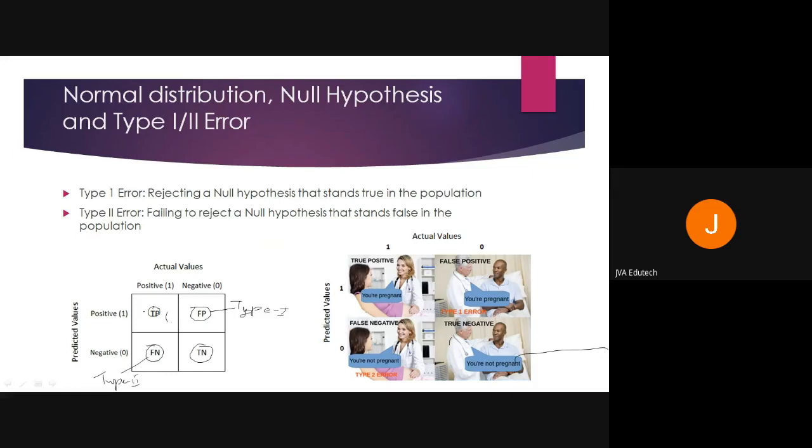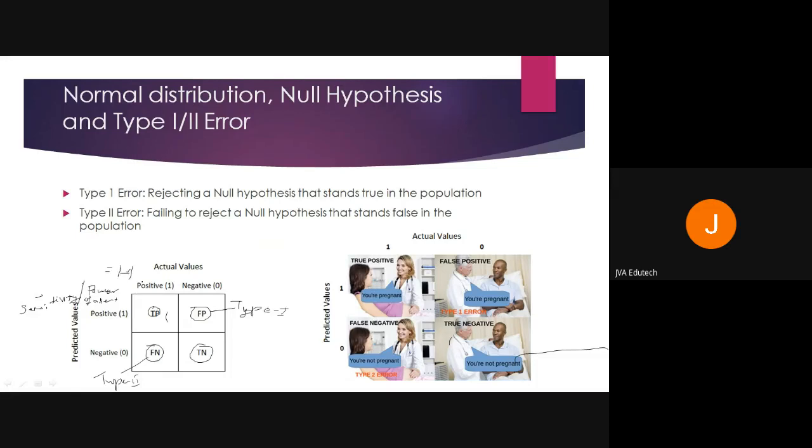And avoiding type 2 error, or minimizing type 2 error, is known as sensitivity, also known as power of a test, and is equal to 1 minus beta.